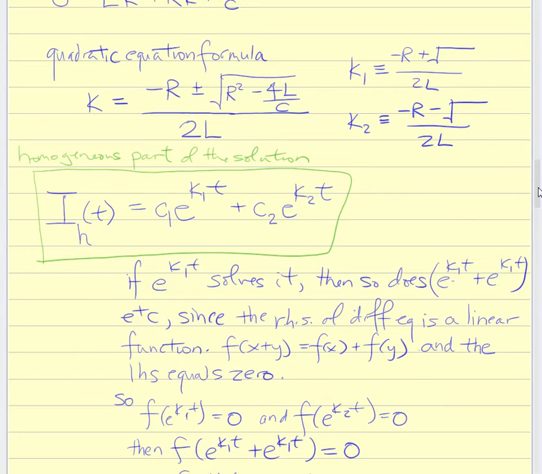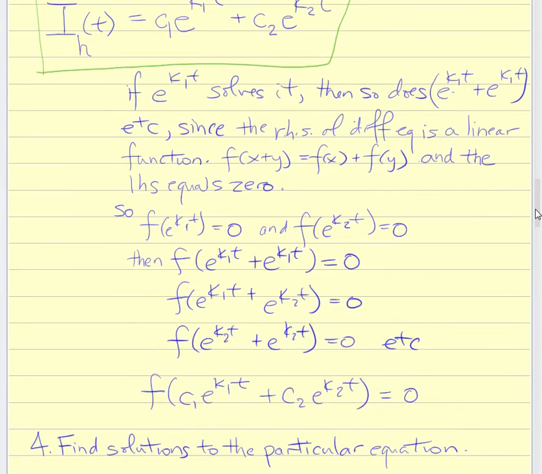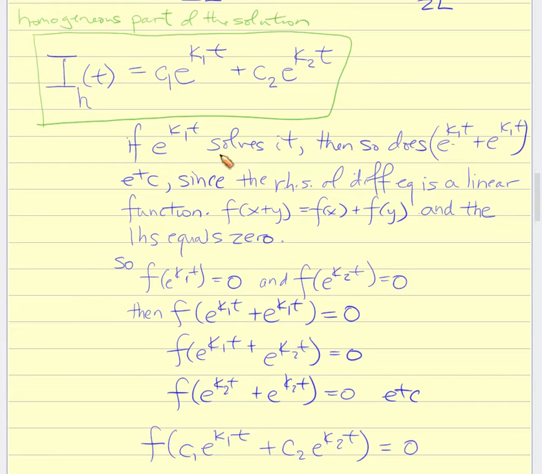Well, the idea is that if e to the kt is a solution, then adding e to the kt to itself is another solution, and adding another e to the kt to that is another solution, and so on, saying that any multiple of e to the kt is also a solution if e to the kt is a solution.